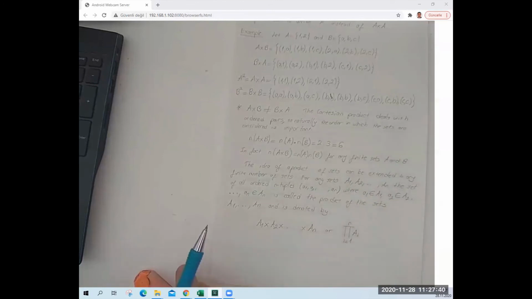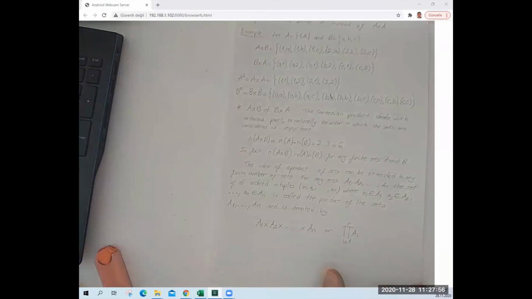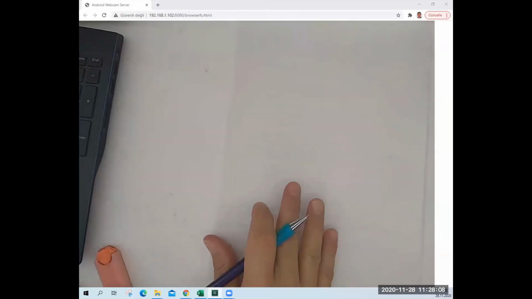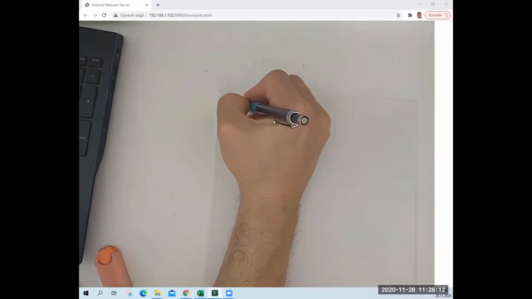We saw some examples, and now we can start a new point in chapter 2. Okay, let's write the new title and continue with page 3. Page 3, we have a new title: relations.